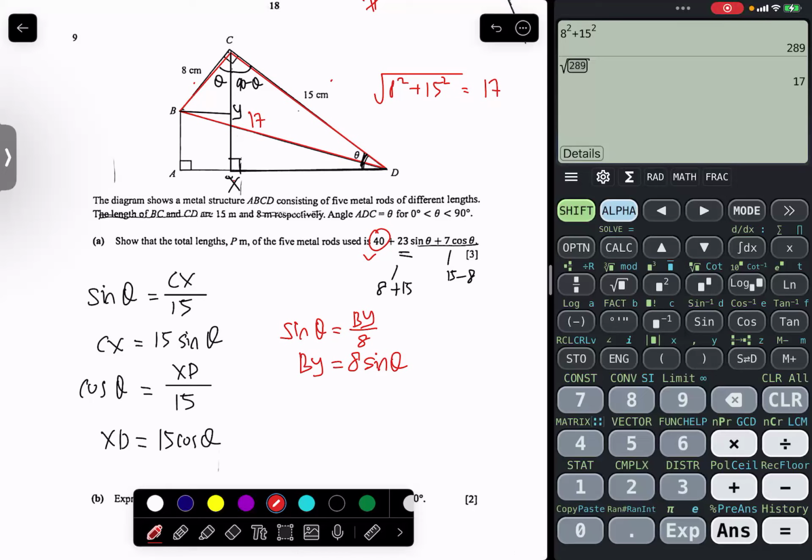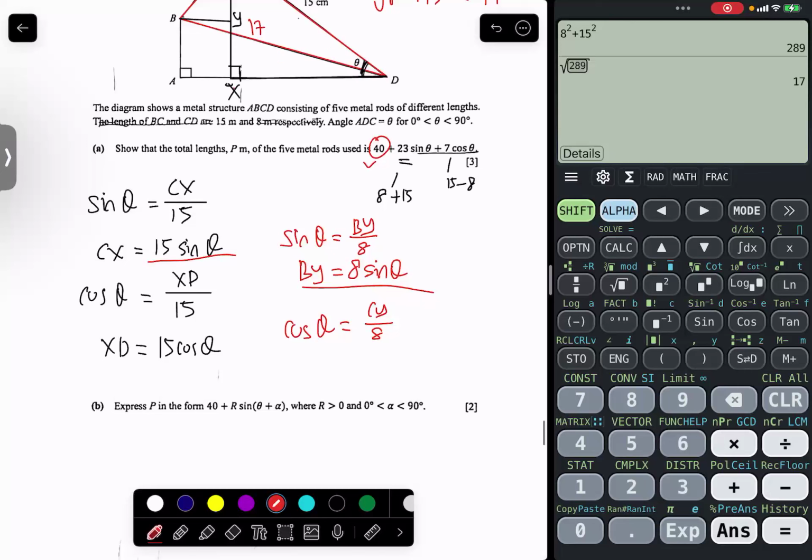So you see, 15 sine plus 8 sine is a perfect match. Then you need to plus 15 cos, but minus away the 8 cos, which is CY. Cos theta equals CY over 8, so CY equals 8 cos theta.